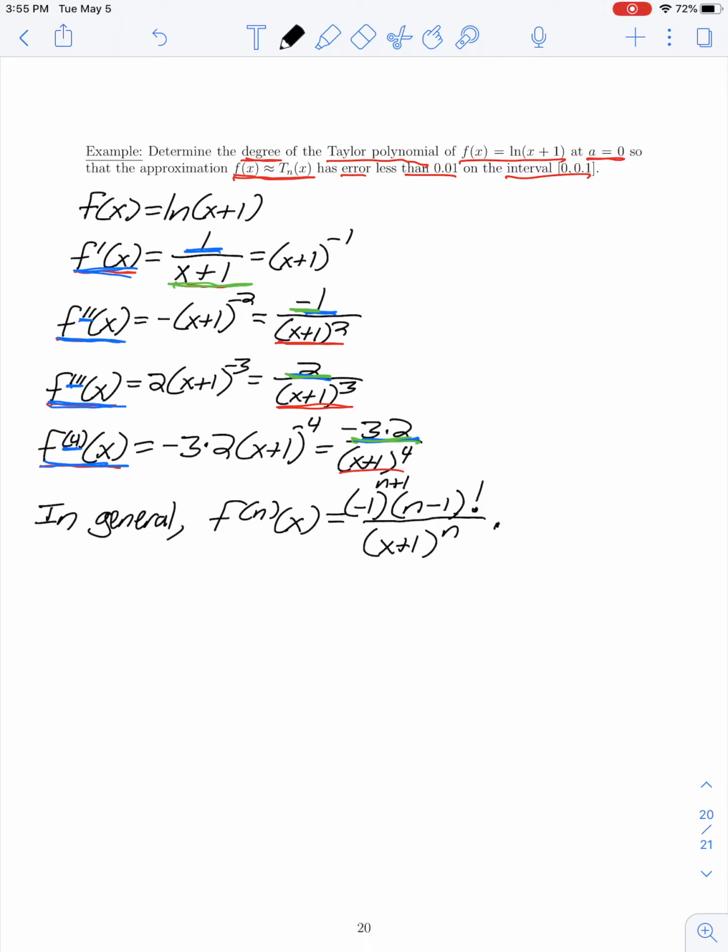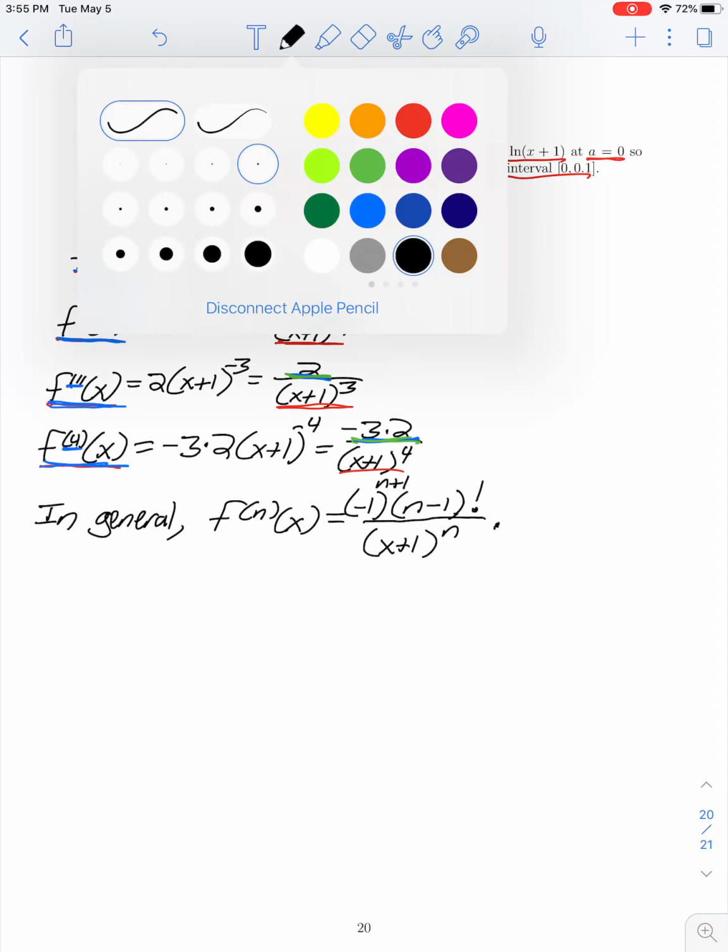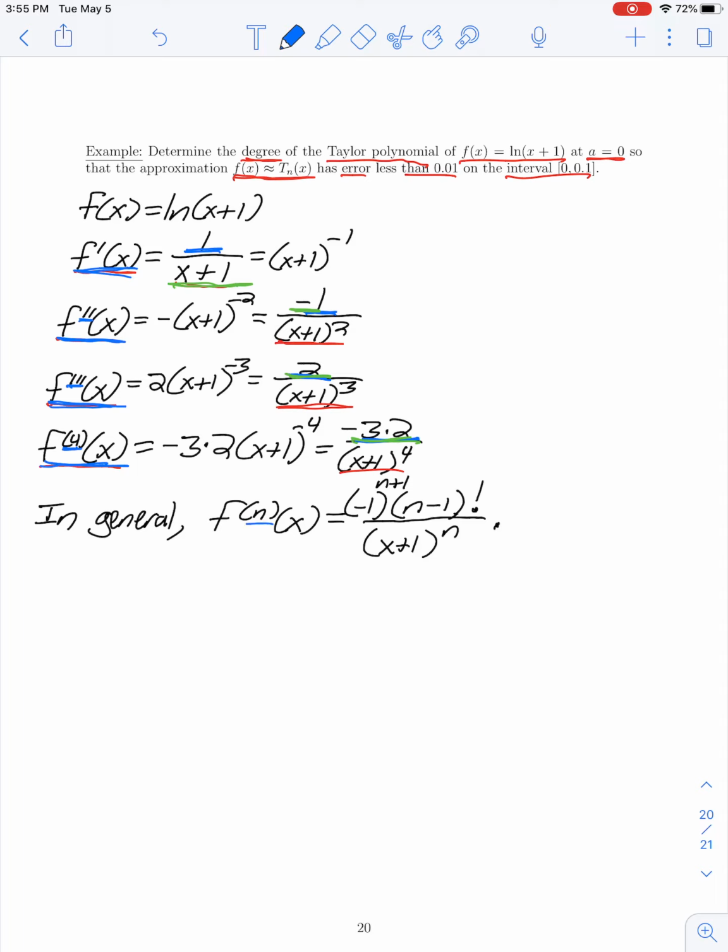So we found an expression for our nth derivative, but recall for Taylor's inequality, I need the n plus 1 derivative in order to find that value of m. So if we replace n by n plus 1 in the expression that we just found, we would have -1 to the n plus 2, which is the same as -1 to the nth, times n factorial all over x plus 1 to the n plus 1 power.